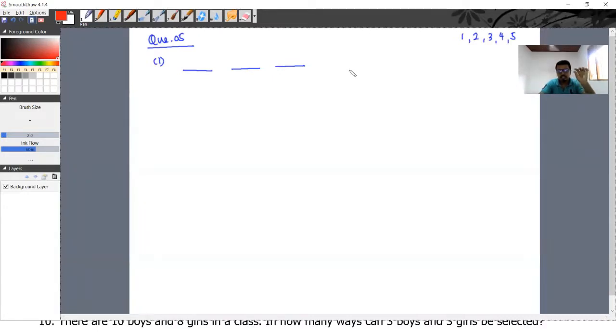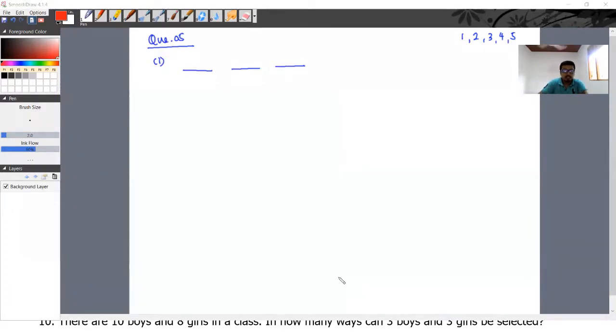Whatever 3-digit number we form should be greater than 200. To check whether it is greater or less than 200, which digit should I look at first? Is it the first digit, the second digit or the third digit?